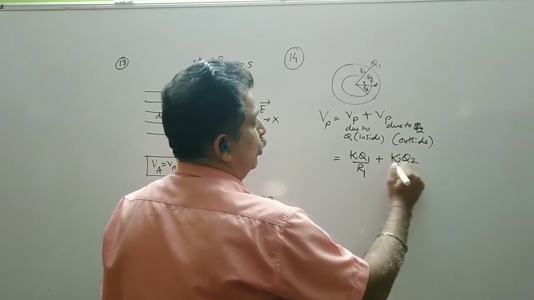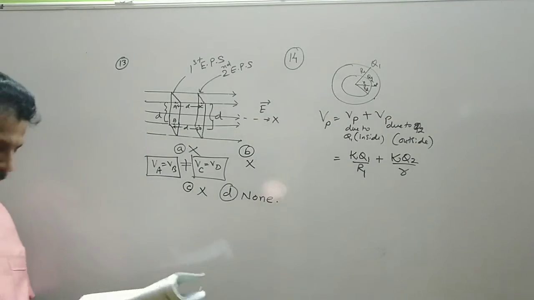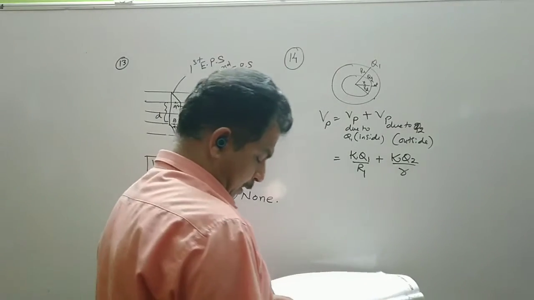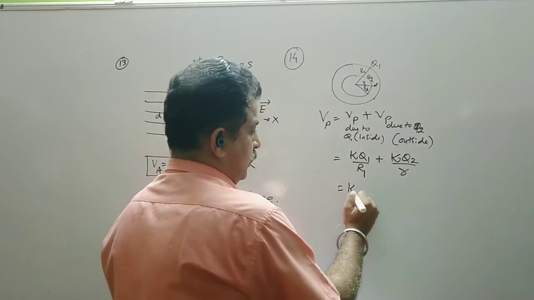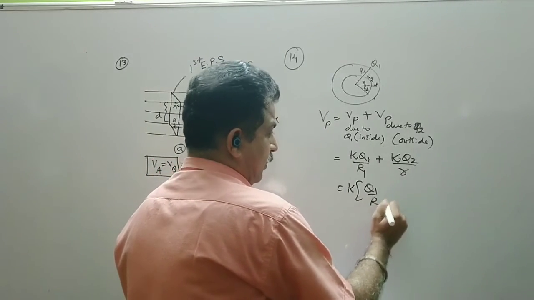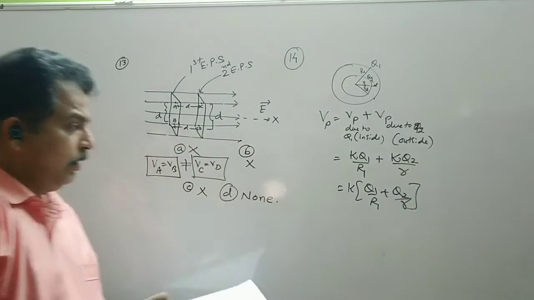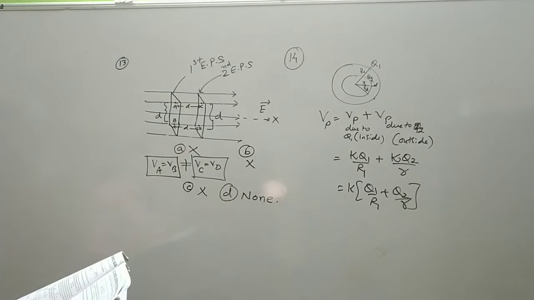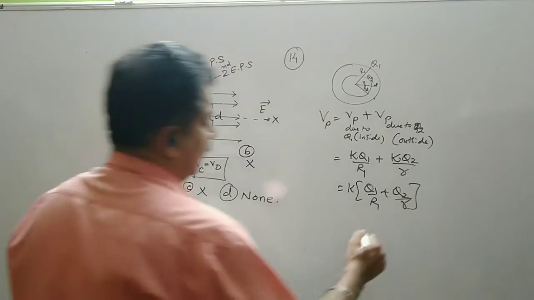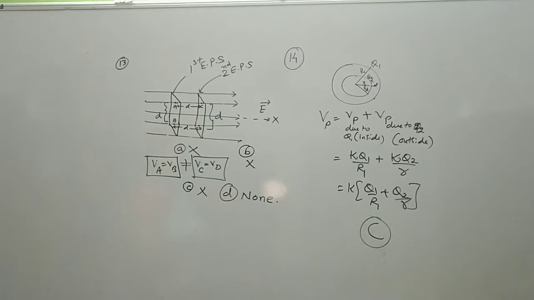Outside, K Q2 upon the distance between test point and source, that is small r. So if I take K as common, it becomes Q1 upon R1 plus Q2 upon small r. So K times Q1 upon R1 plus Q2 upon small r, that is option number C. So this is MCQ number 14.